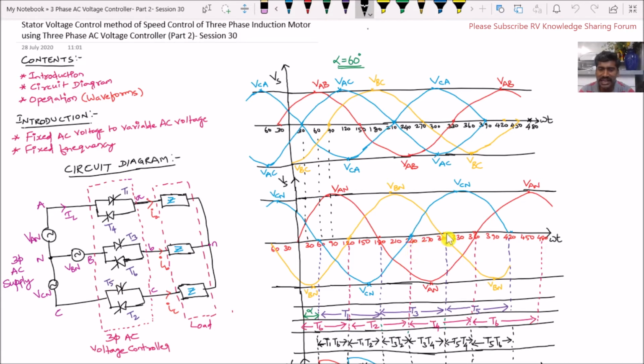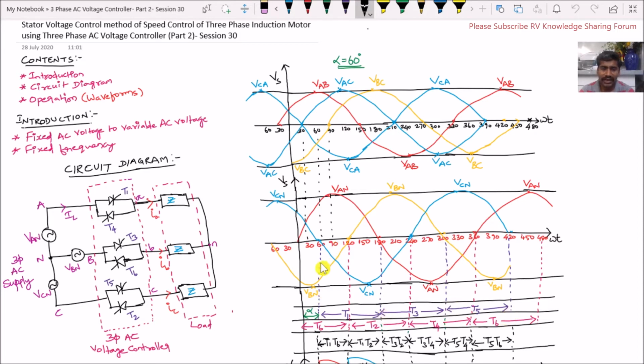That means at an angle of 300 degrees, the thyristor T5 comes into conduction. T5 conducts for 120 degrees, so 300 plus 120 becomes 420. So this thyristor T5 conducts from 300 degrees to 420 degrees.